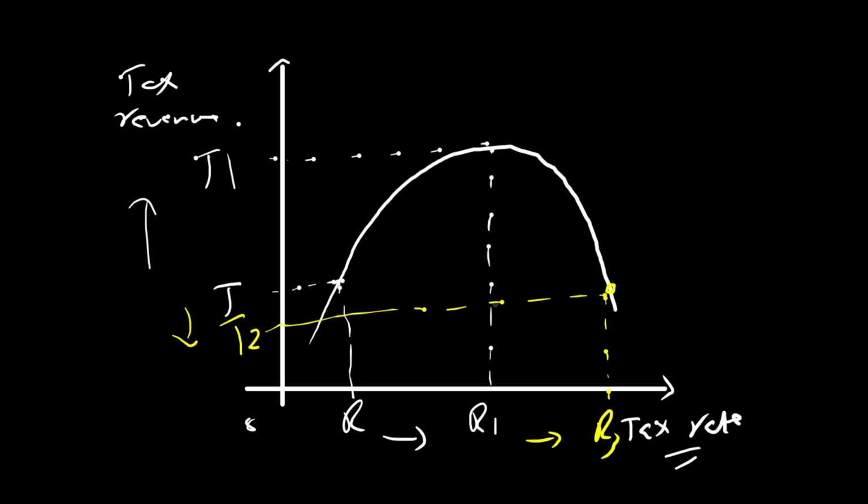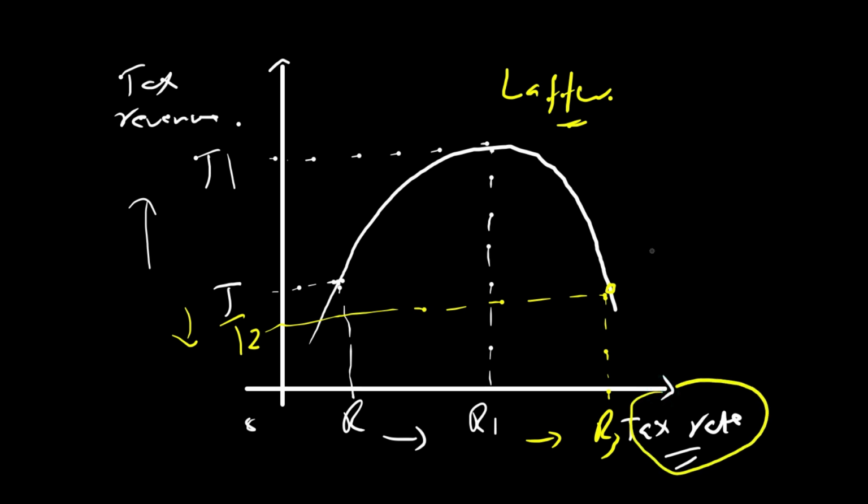So as a result, tax revenue of the government will fall because people will be reluctant to pay the taxes. So this is basically known as Laffer curve. Laffer was also an economist, and Laffer and Kuznets curves have exactly the same shape, that is inverted U curve, but labeling is different.